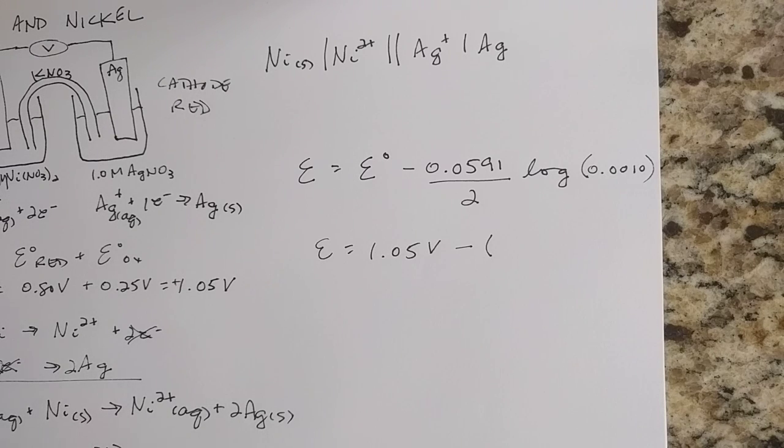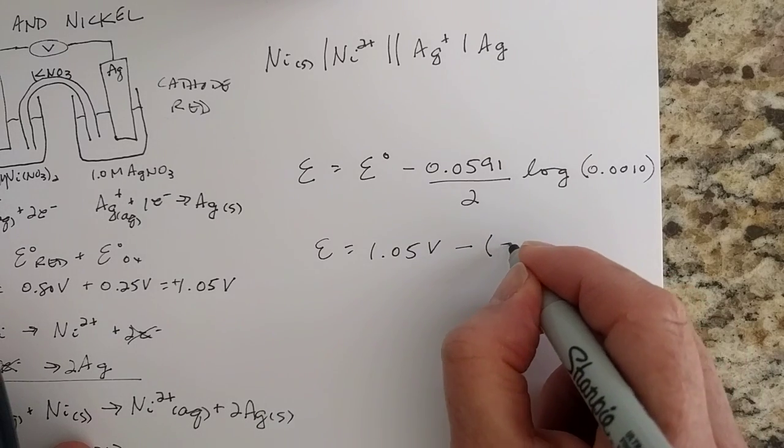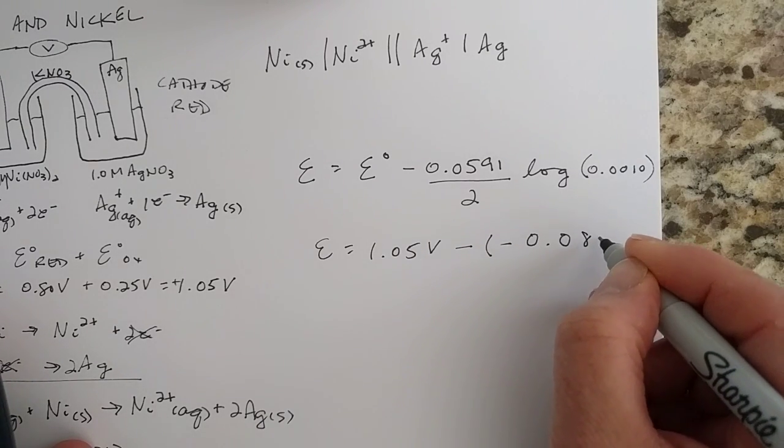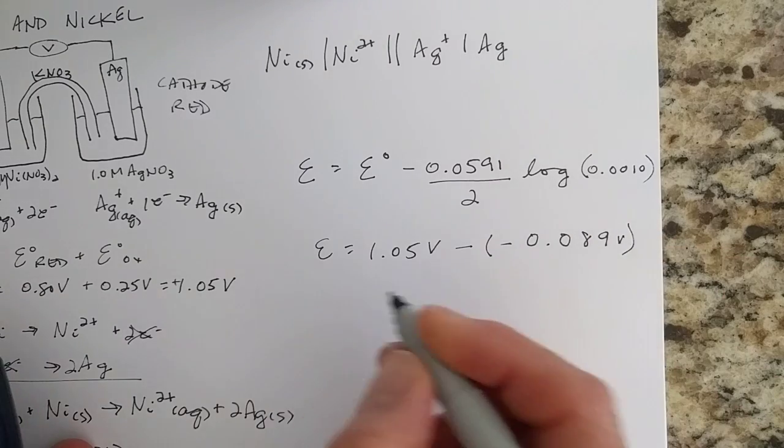Okay, so 0.0591 divided by 2 times the log of 0.001. Okay, so this is a negative 0.089 volts.